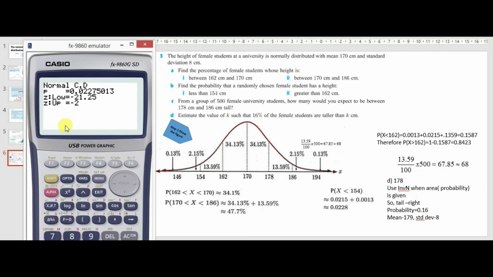And you can see this answer is 0.0228, which can also be calculated manually. If you're talking about less than 154, that means you're talking about these two areas will qualify. So you can do it without remembering the numbers, as I said before. Do the calculation using a calculator. So your answer is 0.0228.